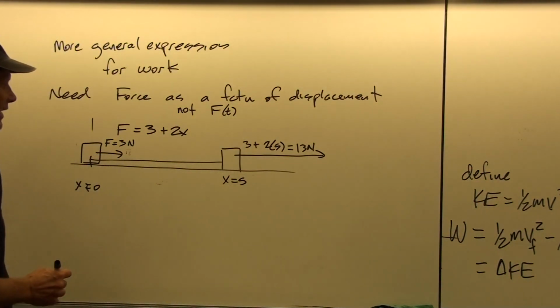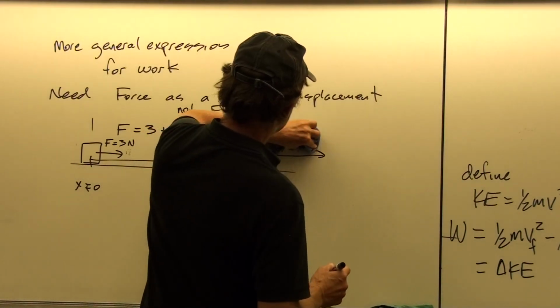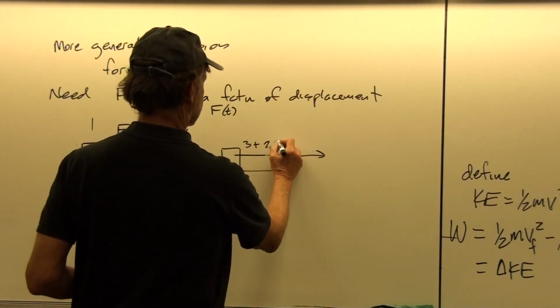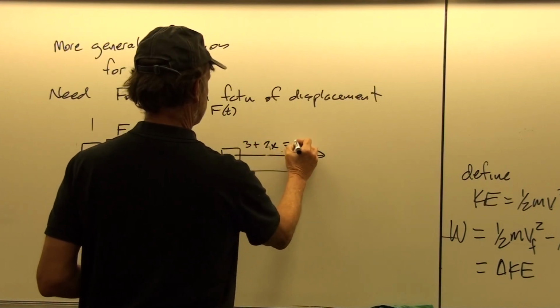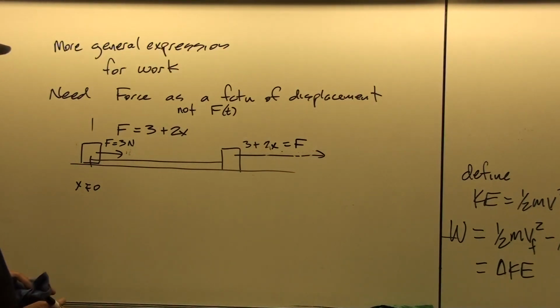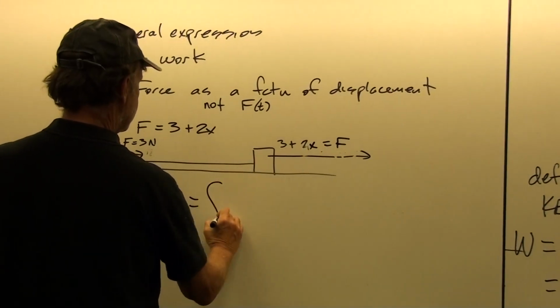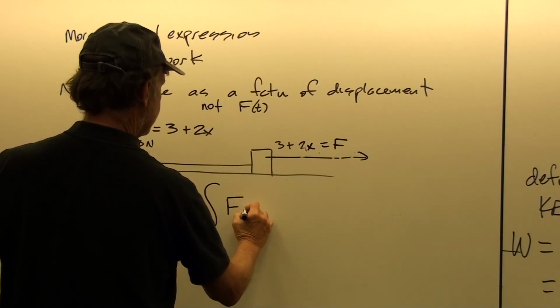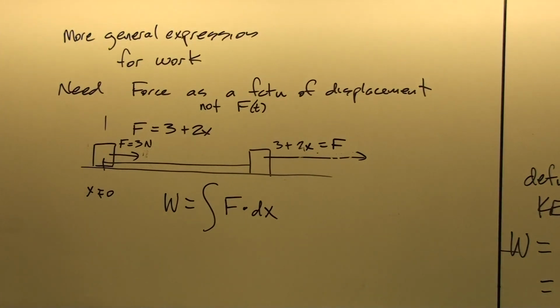And so at some general position x, this force is just going to be 3 plus 2x. And this is acting in the direction of motion. So for a problem like this, the work done would be equal to the integral of F dot dx. And so what is that?